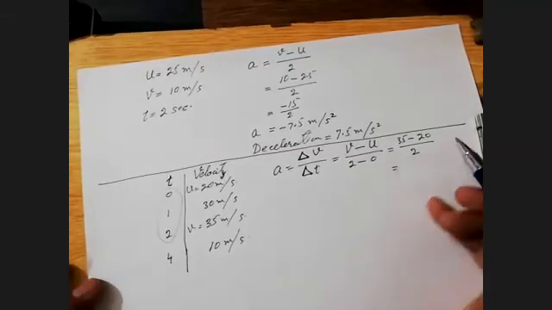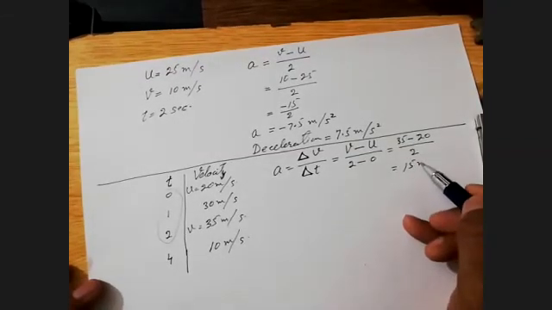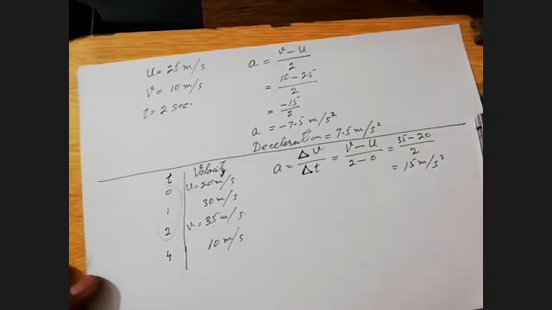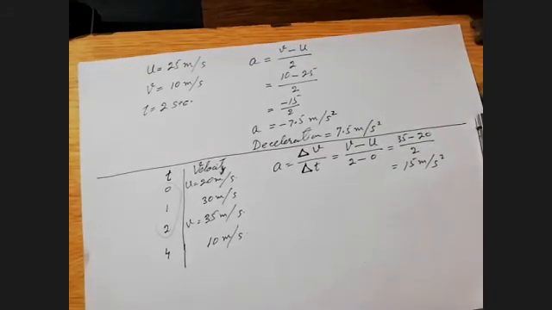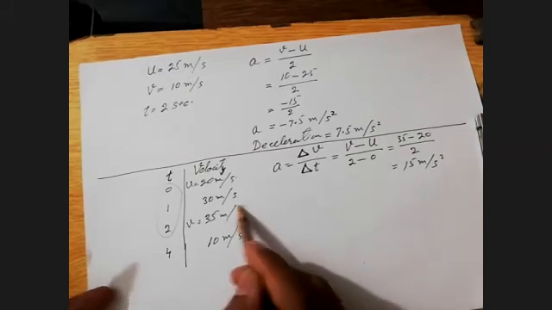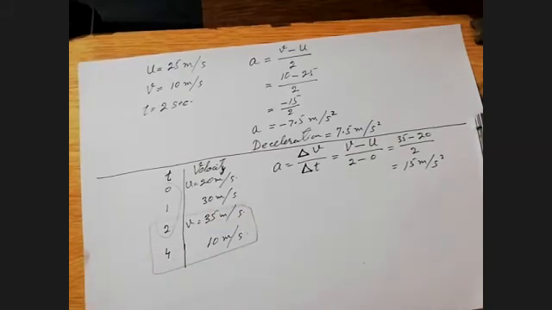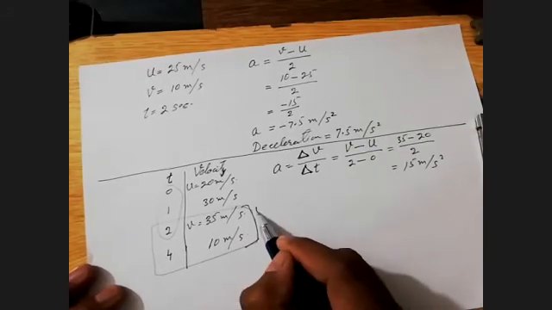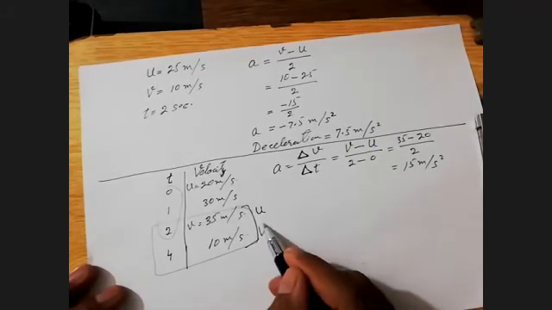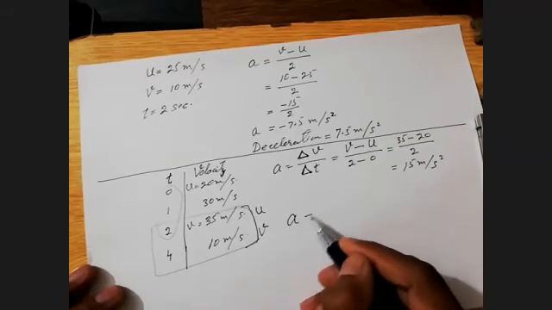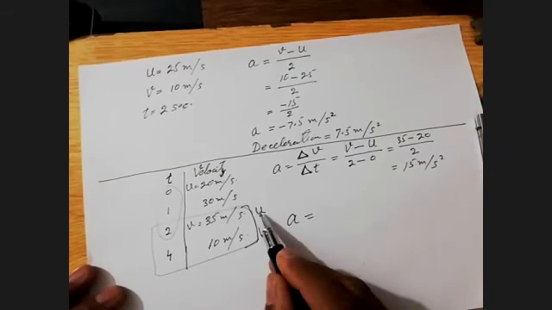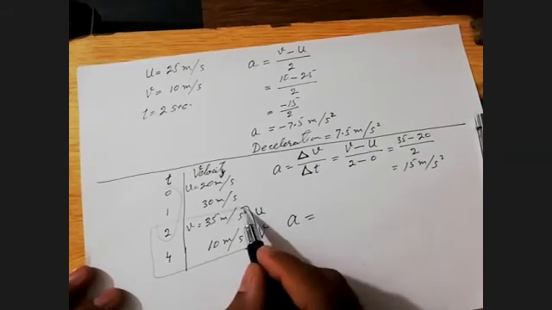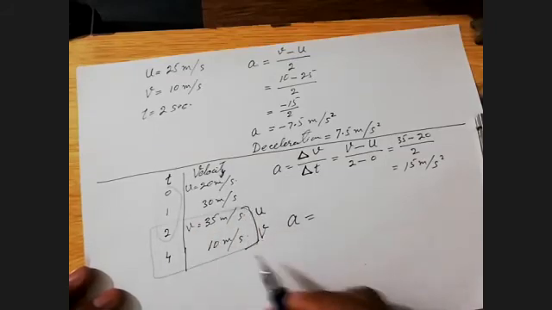So it will be 15 meter per second square. Now let us consider the second interval. Now I'll consider this as u and this as v. So now here for acceleration, the final velocity will become this and the initial velocity will become this, because I am considering this interval.